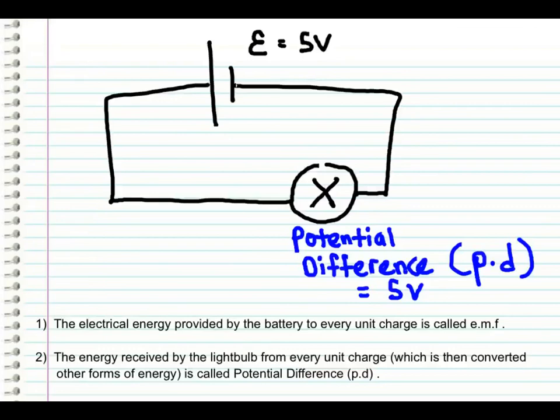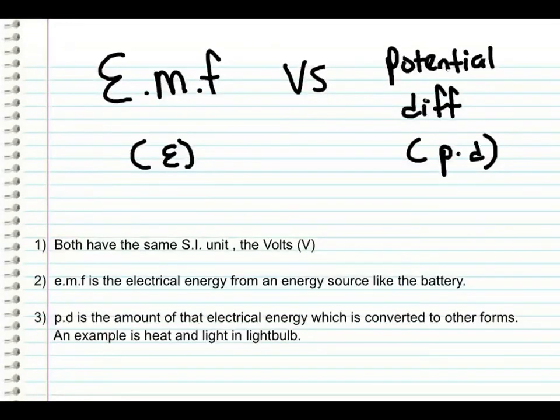The EMF must be from a power source, and whatever energy is converted to other forms of energy, we call it potential difference. So what is the difference between EMF and potential difference? Both have the same SI unit, which is the volts.